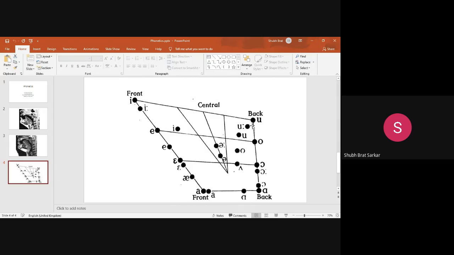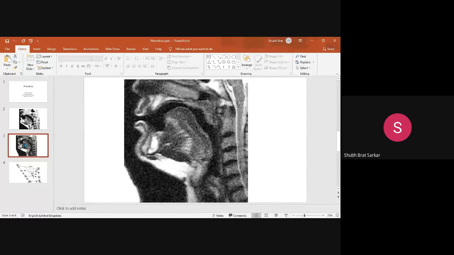This diagram is therefore a graphic representation of that diagram. When the active articulator, the tongue, has reached quite close, we have this position. When the front is used, we have front vowels, the center, central vowels, and the back, back vowels.